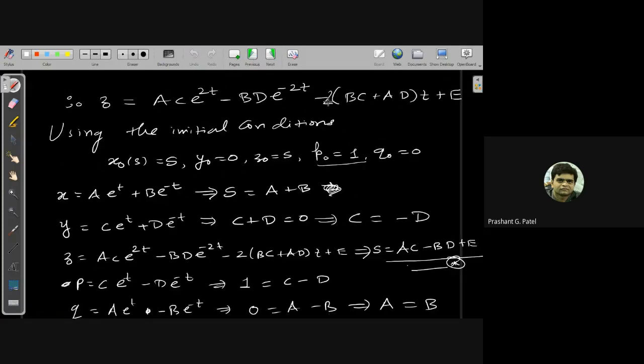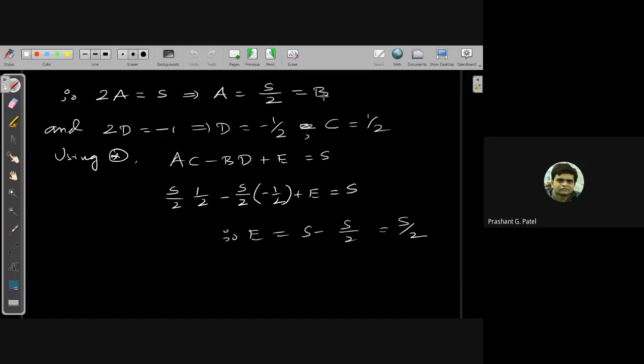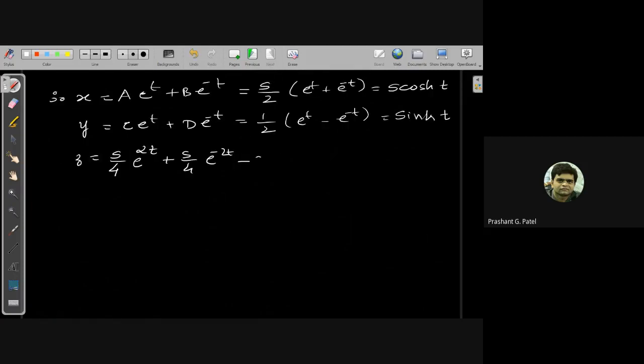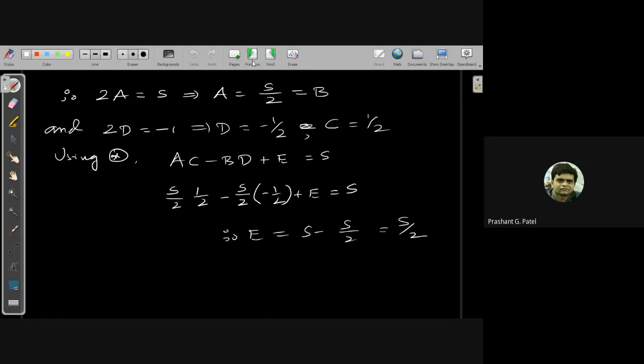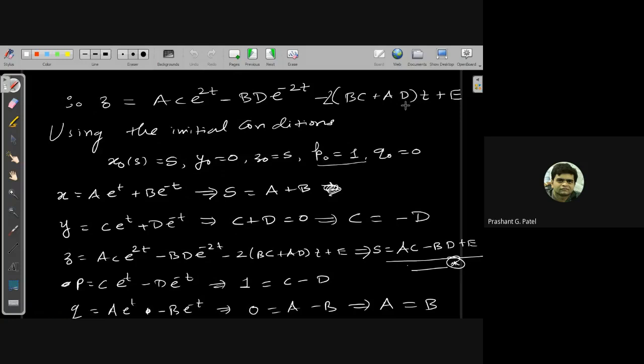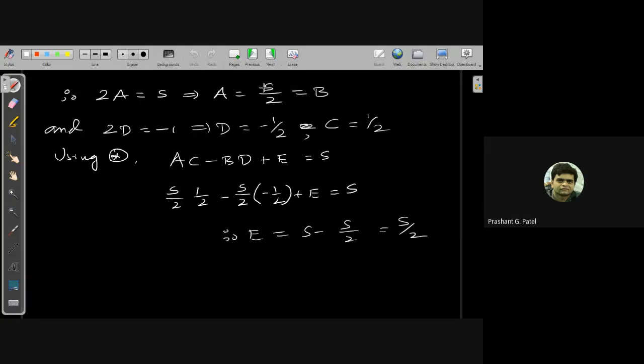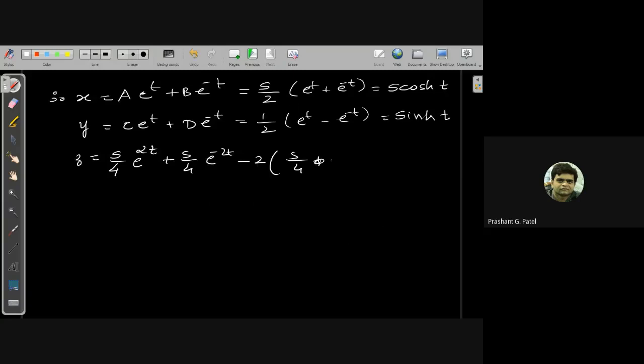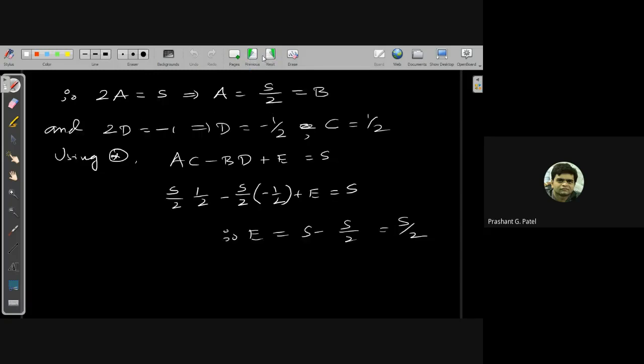Then it is minus 2 BC. B is S by 2, C is 1 by 2. So that is minus 2 S by 4, plus AD. A is S by 2 and D is minus 1 by 2. So that will give me minus S by 4, plus E. The value of E we have is S by 2.